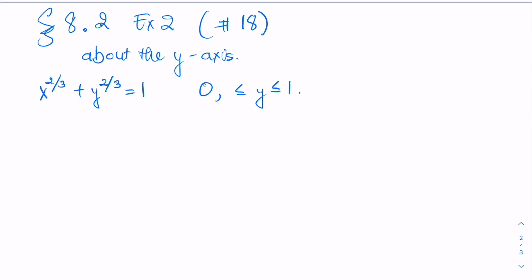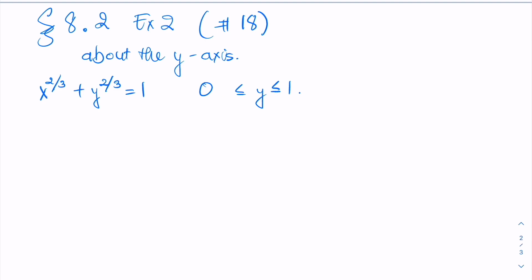For this example, we're going to find the surface area rotating about the y-axis. So you can see that I have right here from 0 to 1 for y.